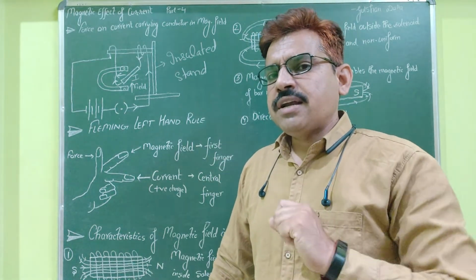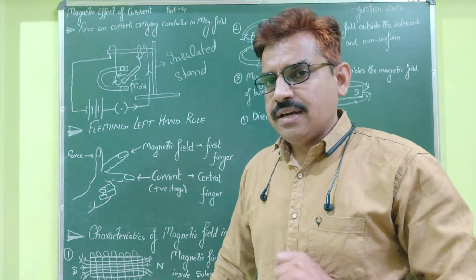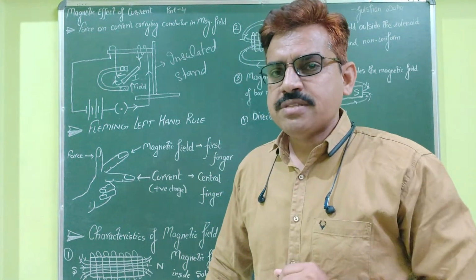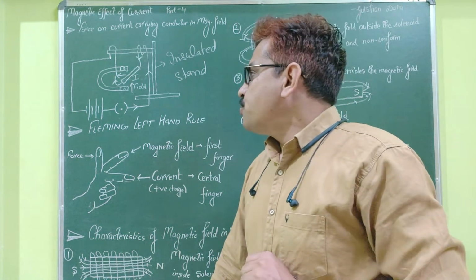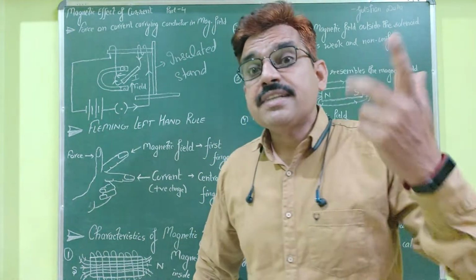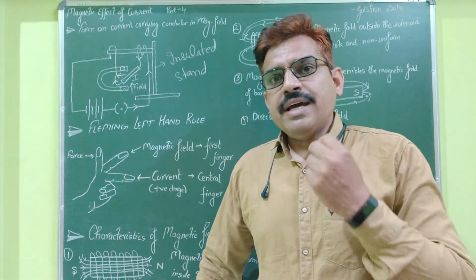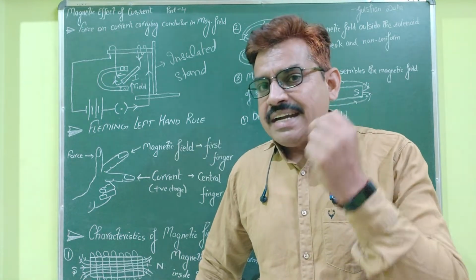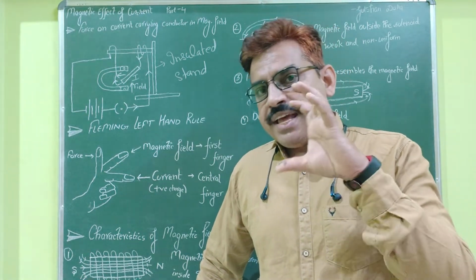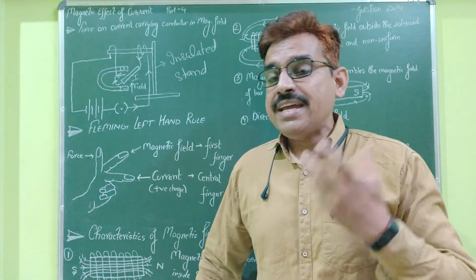I will discuss how it is deflected toward the left, and why it is deflected toward the right, after completing this explanation. So why does it get deflected? You know that when a current carrying conductor is placed in a magnetic field, something happens to it. Why does that happen?